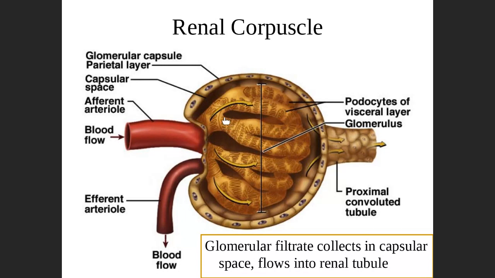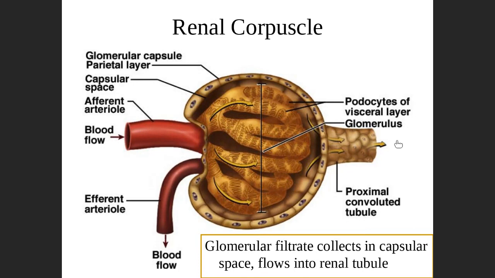The filtrate then passes through this membrane, is collected in the capsular space, and then flows into the proximal convoluted tubule. So filtration occurs here first, and then at the proximal convoluted tubule you get reabsorption that takes back things like glucose and so forth.